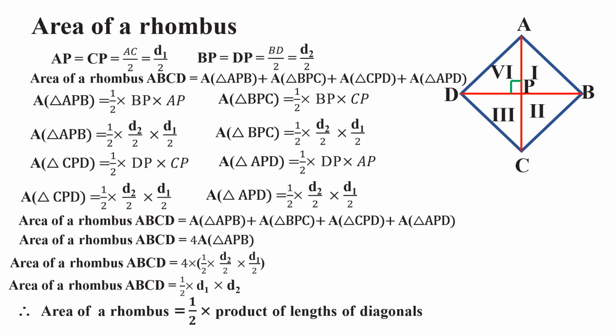This is the formula for the area of a rhombus. So write down this formula. You have to all understand this formula. So now we solve examples based on the area of a rhombus using this formula.